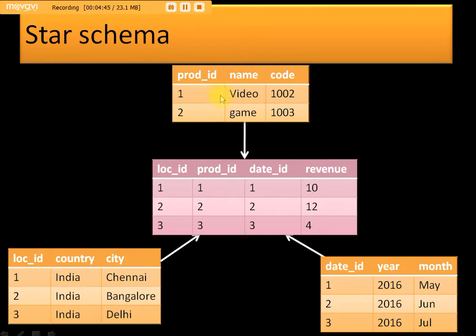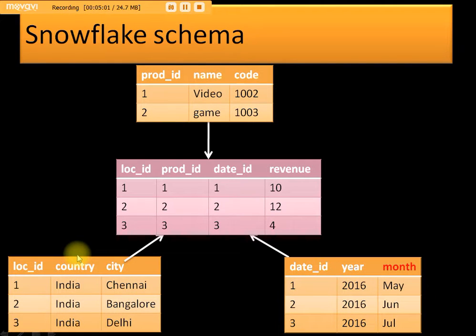This is exactly the example we have now. Here you can see the product dimension has product ID as a primary key, and product ID is a foreign key in the revenue table. Likewise the date and location dimensions. Now let's see how we can make a snowflake schema from the star schema itself. Take the date dimension as an example.